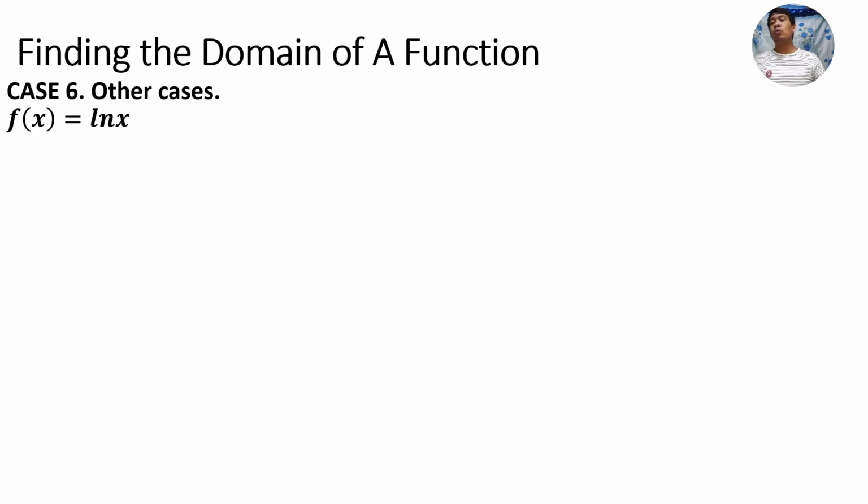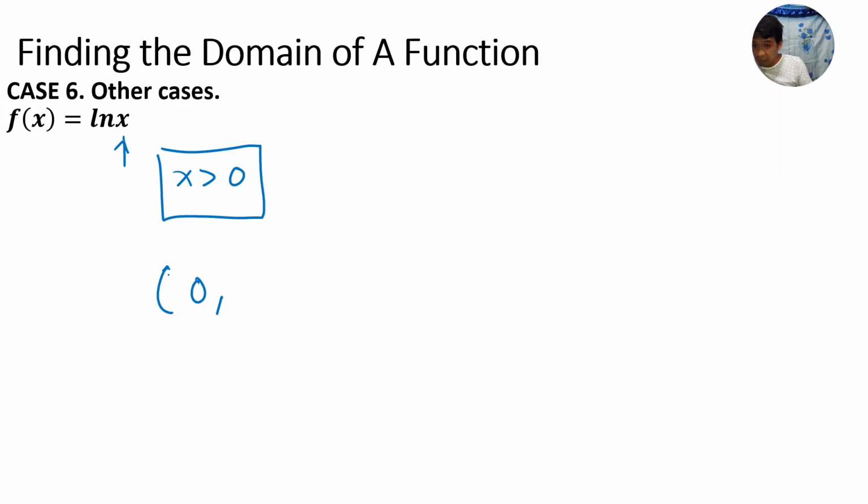So, how about the other cases? What if we are looking for the domain of ln of x? By definition, the natural logarithm only exists if and only if x is greater than 0. The ln of 0 does not exist, and the ln of a negative number does not exist. Therefore, the domain of this function is x greater than 0, by definition and by its property. So f of x is equal to ln of x, its domain is 0 to infinity.